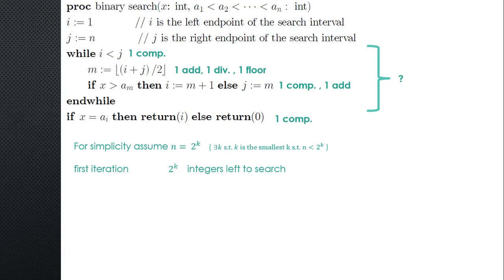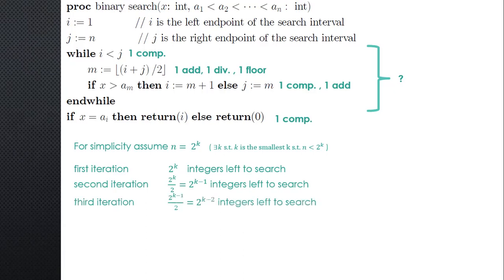We haven't done anything yet. But remember how the algorithm works. Each time we cut it in half. So when we go for the second pass, there's 2 to the k minus 1. When we go for the third pass, there's 2 to the k minus 2. We're going to keep cutting in half over and over and over again. Sorry, typo there.